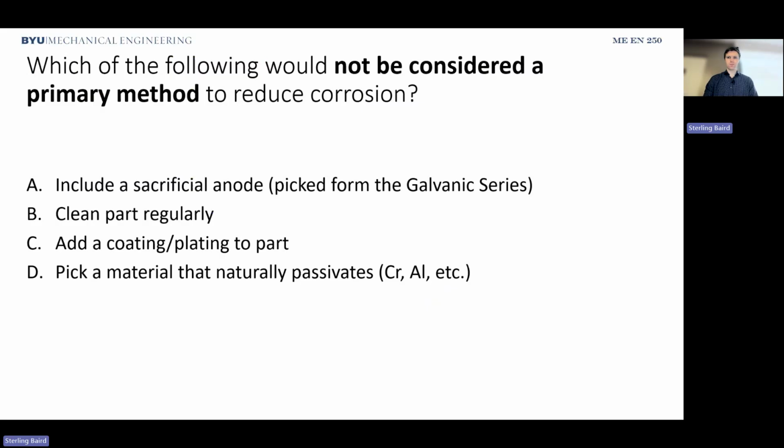Typically, you don't want any oxidative... So what's the answer here? B, okay, yeah, cleaning the part regularly is not a primary method. I also realized I was getting into some review slides. This is not one of the chapters covered in the test. Technically, there's a couple problems they could pull from it, but corrosion is not one of them.